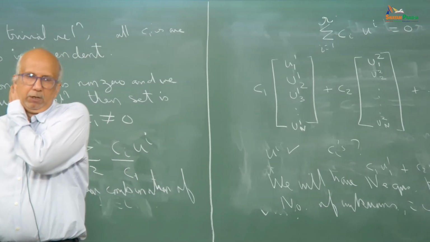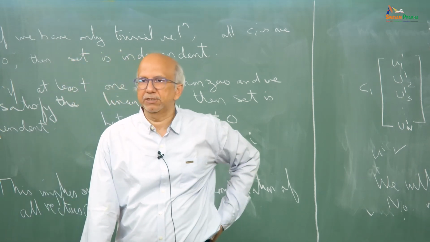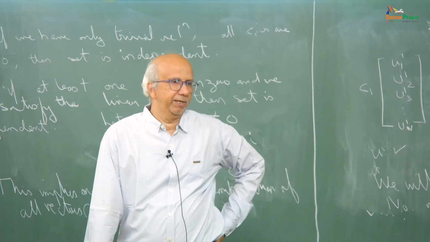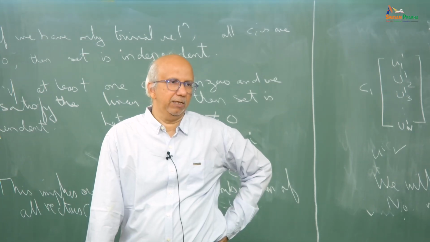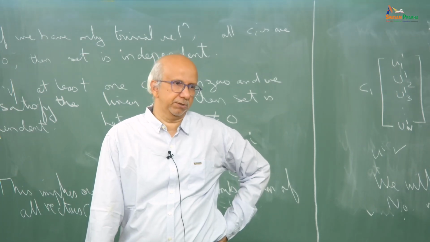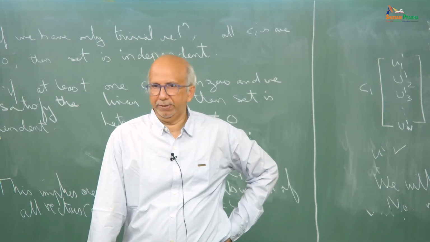So, when it comes to trying to find the solutions for Ci, I will have to solve a system of n equations in r unknowns. That is what we are trying to do when trying to find dependence.